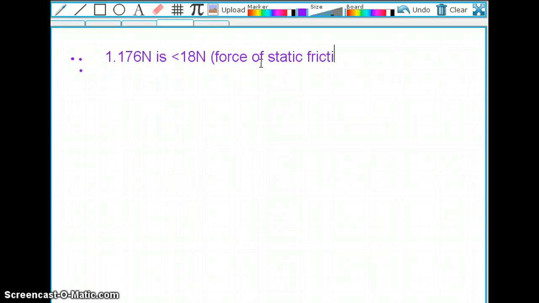Since, and I'm just going to write this out so we're all on the same page, since 1.176 newtons is clearly less than 18 newtons. We calculated this. This is the force of static friction, and this is the maximum force, right? So 1.176 newtons is obviously less than this.